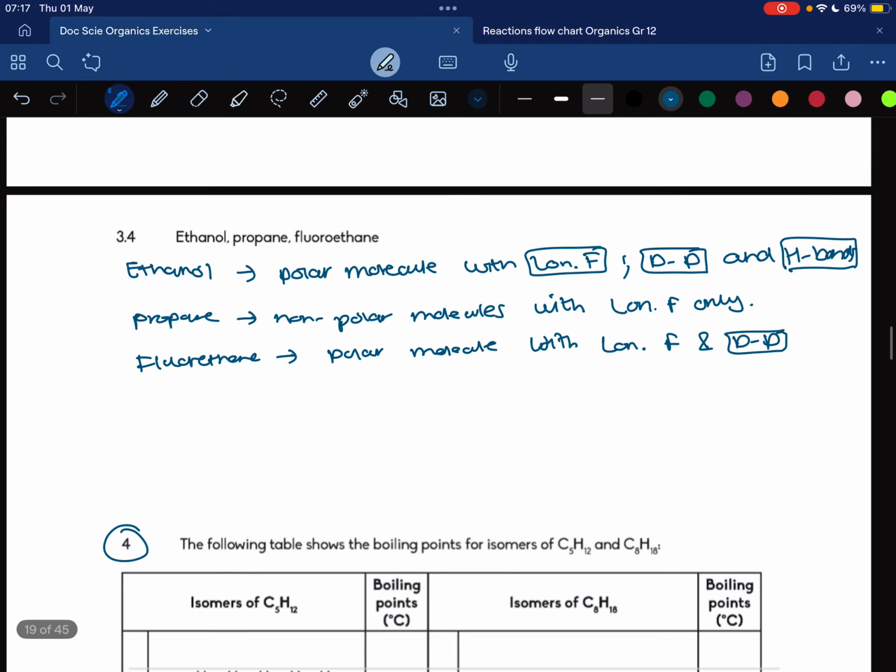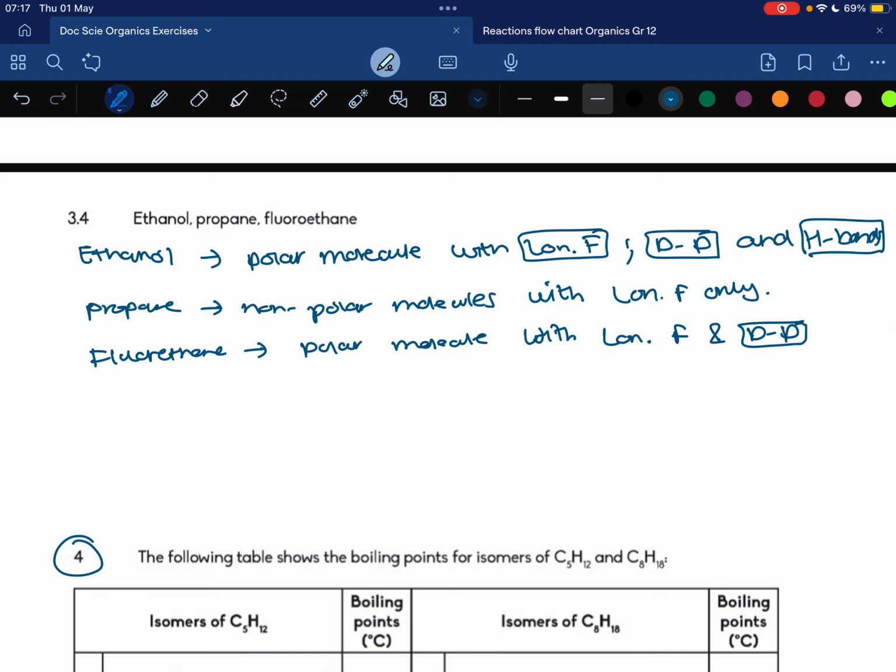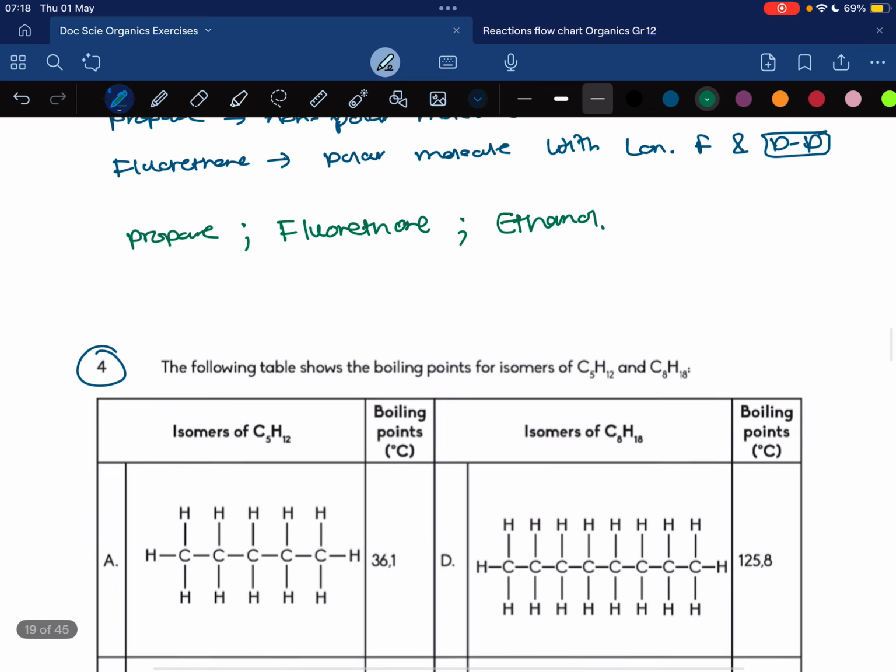Okay, so we can see that the increasing in strength will start with propane because it has the only London forces, then the fluoroethane because of the dipole-dipole forces, and then lastly the ethanol because of the hydrogen bonds.